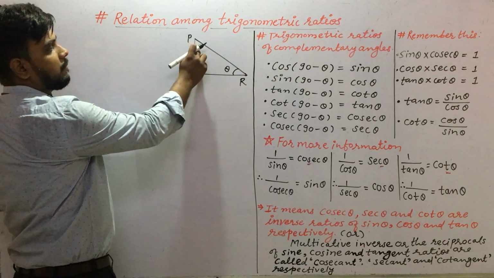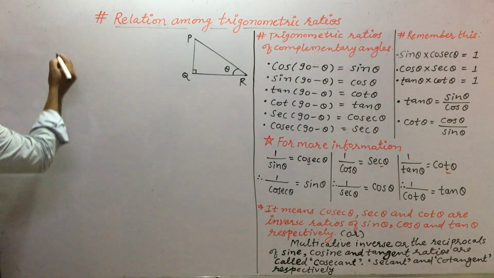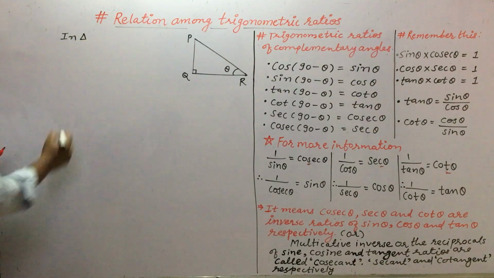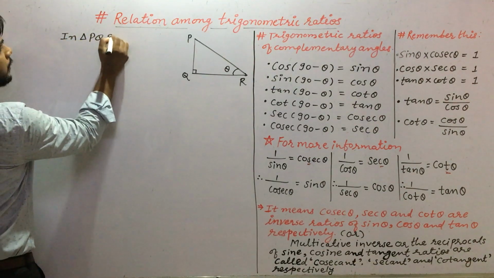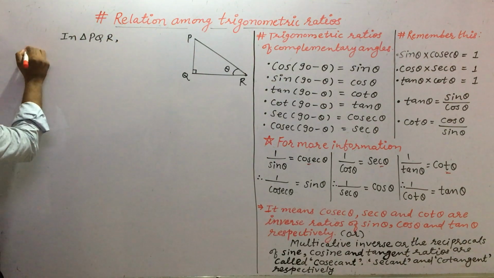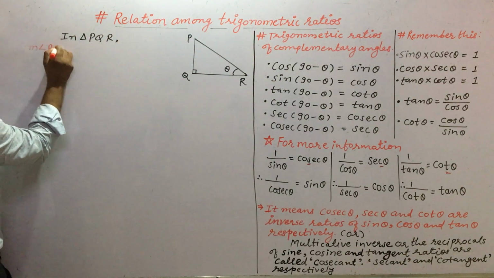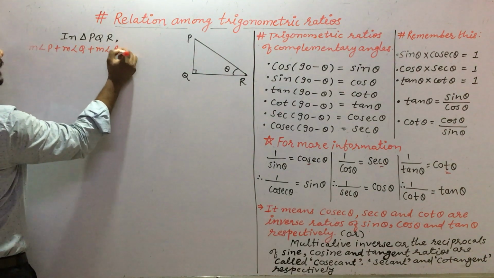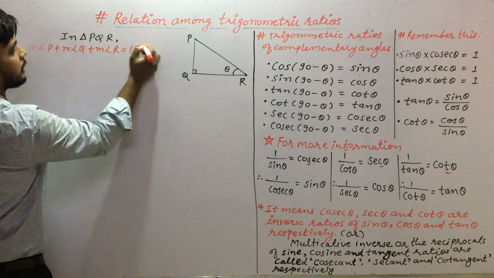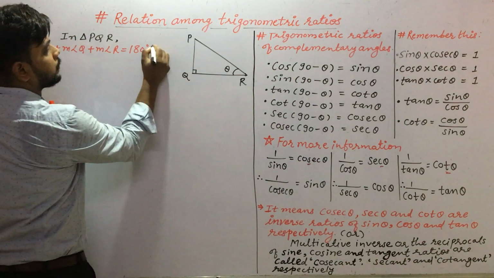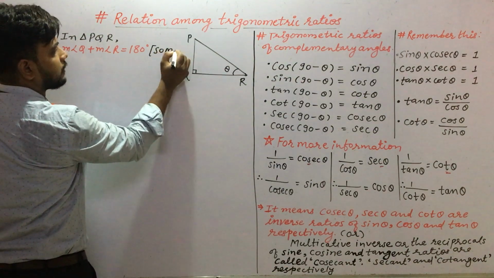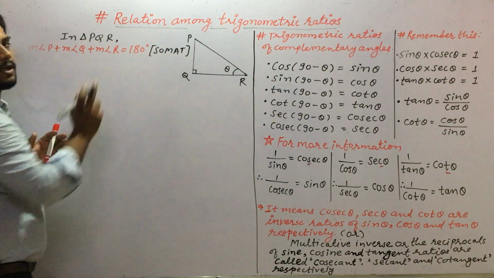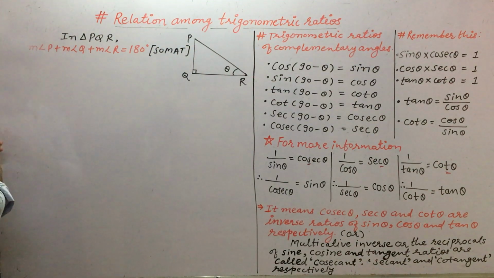Now let's find the measure of angle P. I hope you all know how we can find it. In triangle PQR, measure of angle P plus measure of angle Q plus measure of angle R is 180 degrees. Right? How? SOMAT. What is SOMAT? Sum of measures of all the angles of a triangle is 180 degrees.